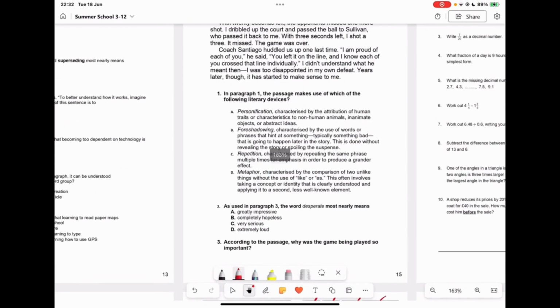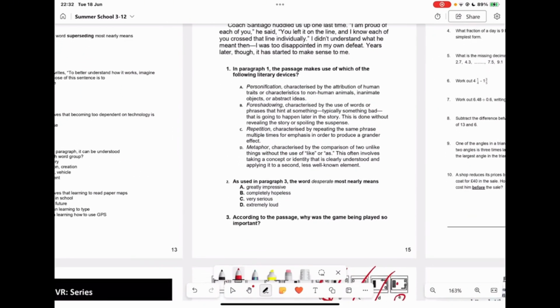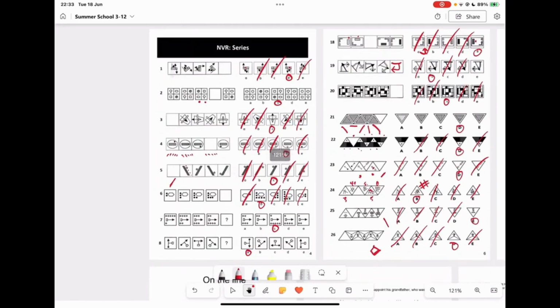So, in paragraph 1, the passage makes use of which of the following literary devices? Okay, so personification, characterized by the attribution of human traits, foreshadowing, repetition, or a metaphor.